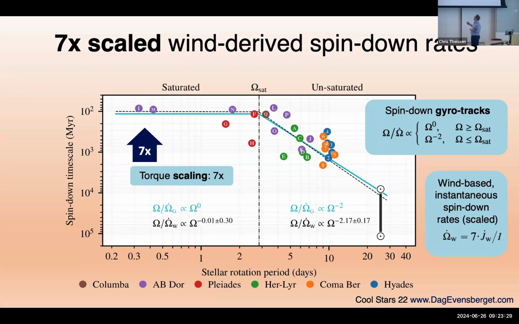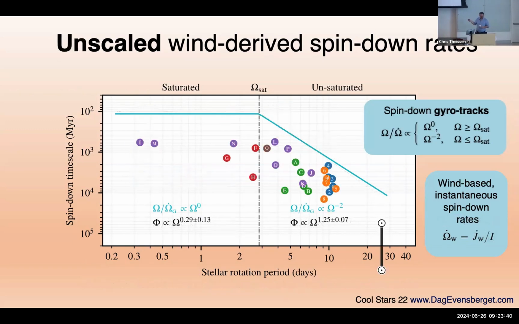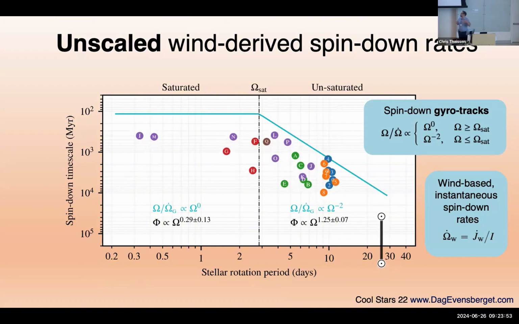And similarly, we get the Skumanich spin down in the unsaturated regime. What I was going to show before is that initially we still have this pattern. These are the values that come out of the simulation, but there is an absolute offset of a factor of about 7.